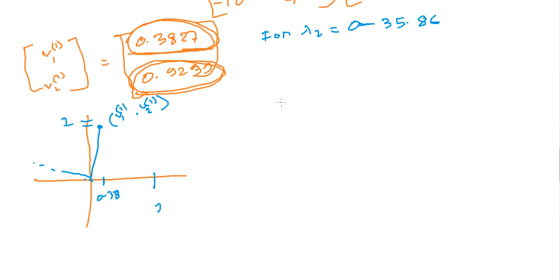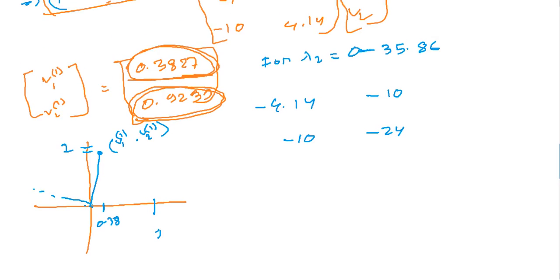So for alpha 2 we can calculate the same way: minus 4.14, minus 10, minus 10, minus 20.14, same way.